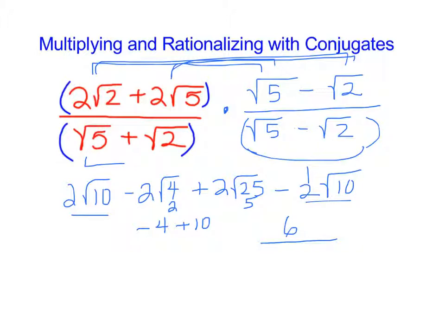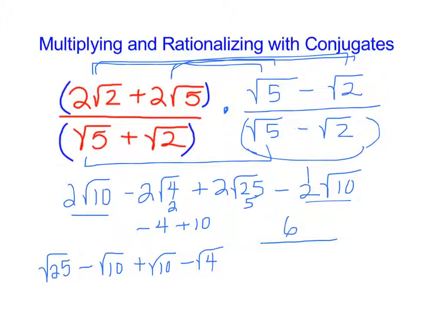Now, on the bottom, I have the square root of 25 minus the square root of 10 plus the square root of 10 minus the square root of 4. And so I end up with 5. These cancel, minus 4, which is negative 1, which is 6.